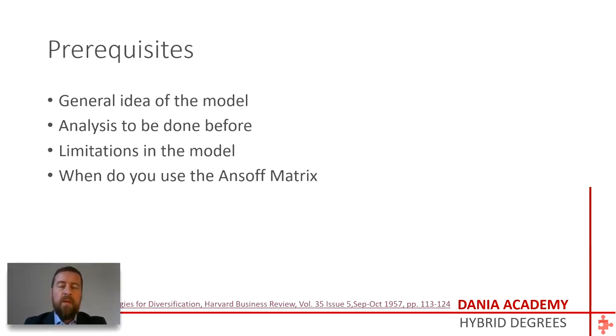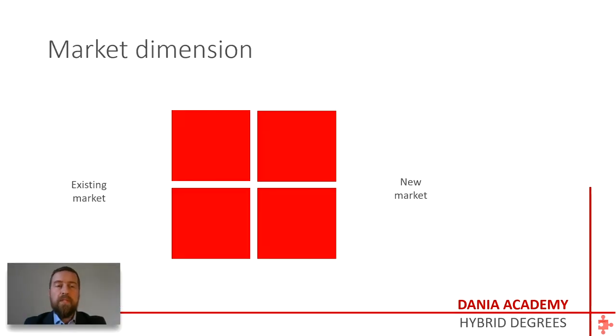But you use the Ansoff Matrix when you're trying to analyze which direction our company should go in, our market is changing, then you can get an idea about, okay, here are my options, and in this spectrum, where can we go? There are two dimensions, as I mentioned.